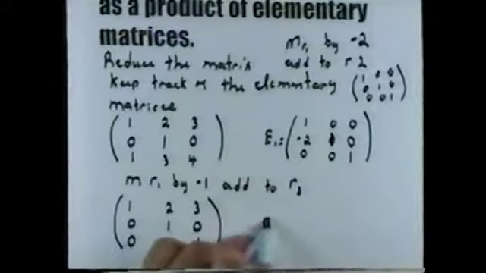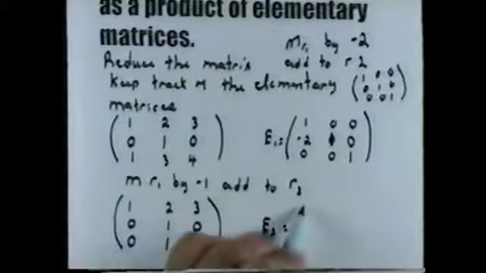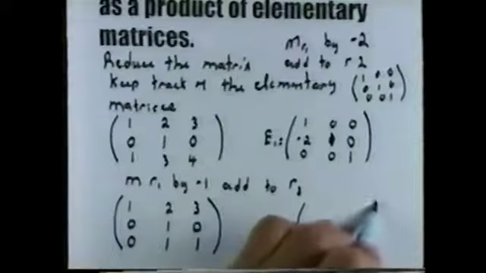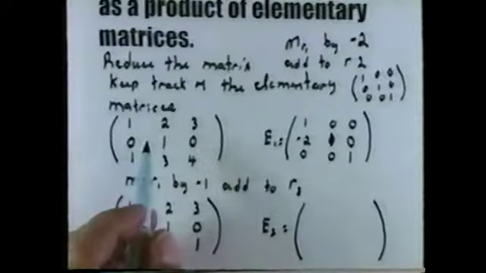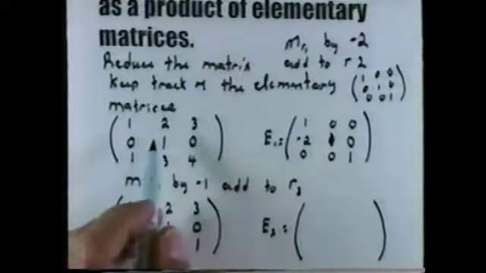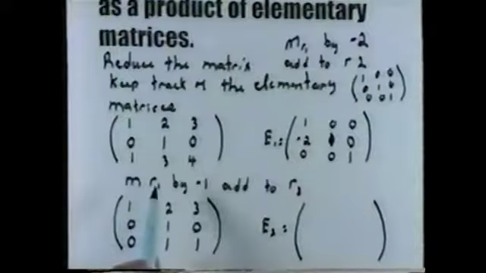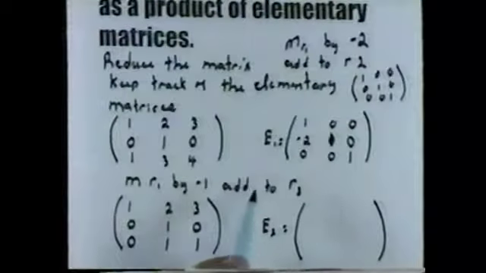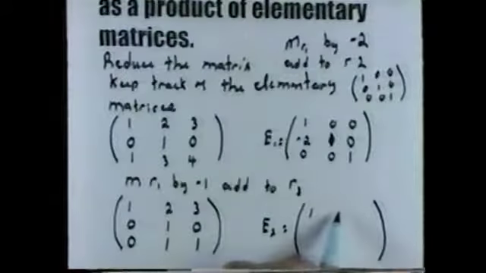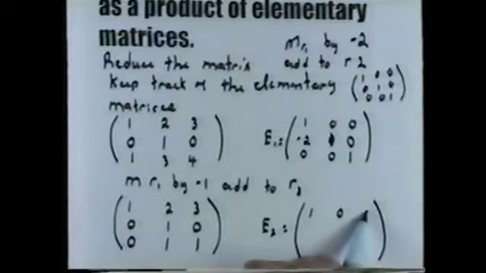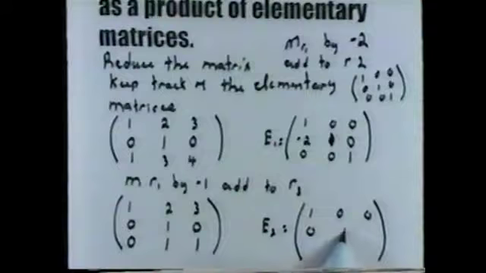Now to get E2, I'm going to do the same thing to the identity matrix that we did to the matrix on the left. I multiply row 1 by negative 1 and add to row 3. So I'm going to leave rows 1 and 2 unchanged: 1, 0, 0, 0, 1, 0. Going back to the identity now.